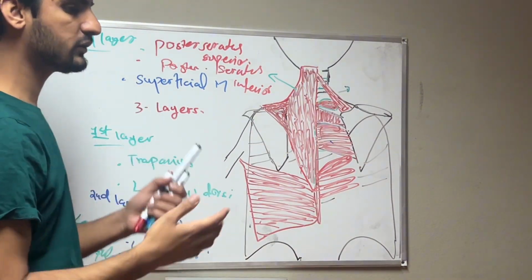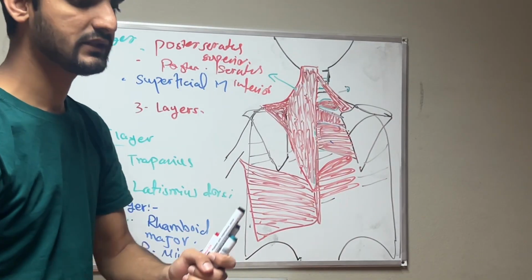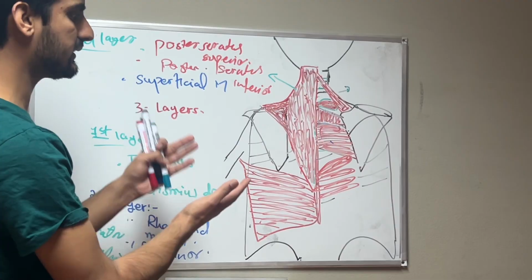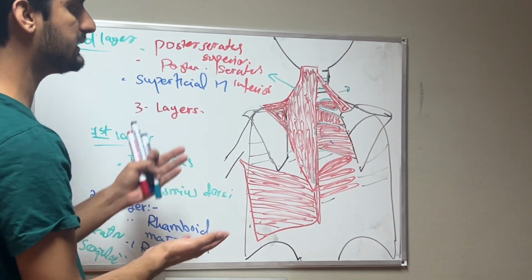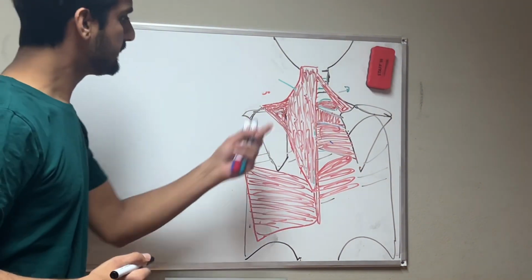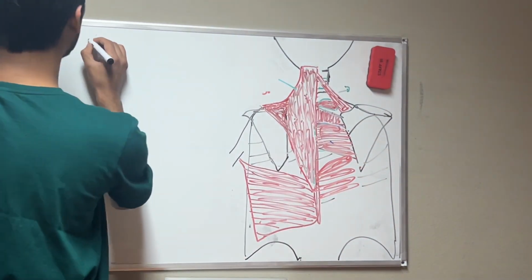Now we will go to each muscle's origin and insertion. Now we know the superficial group of muscles of the back, in how many layers? Three layers. Each layer's muscles we know. So, trapezius muscle, first layer muscle.